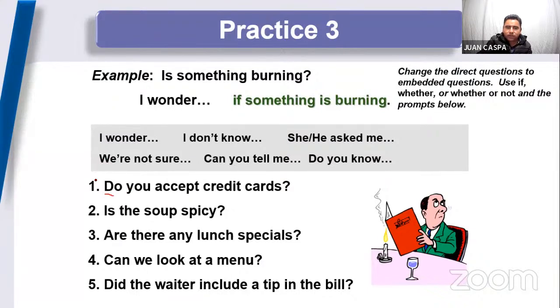Remember, we don't use do, right? Also, we don't use it. But formulate an embedded question. I don't know.